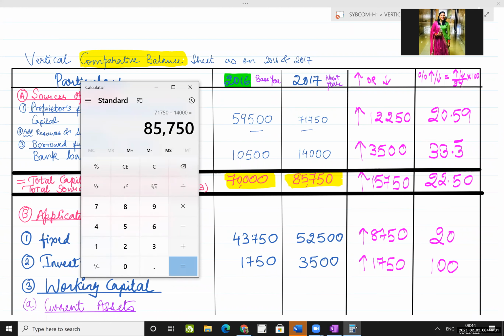Obviously there is an increase, 15,750 का increase हुआ है. Okay, divide by 70,000 into 100. 22.5.